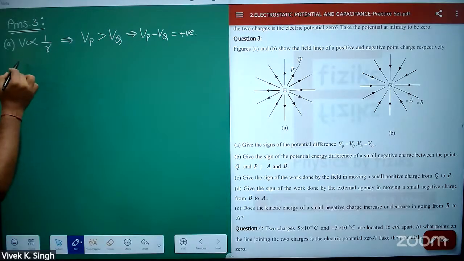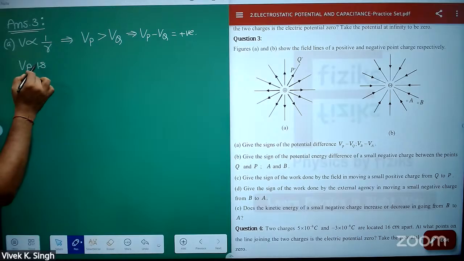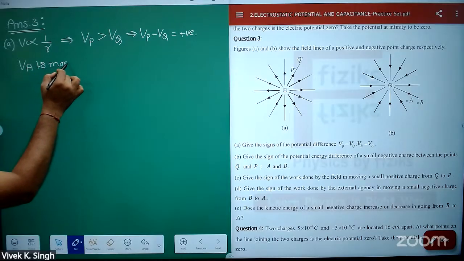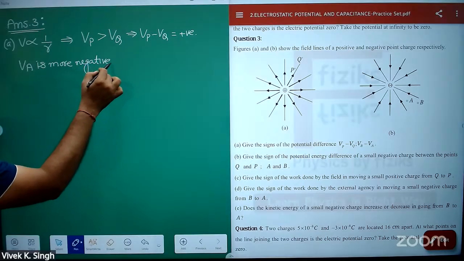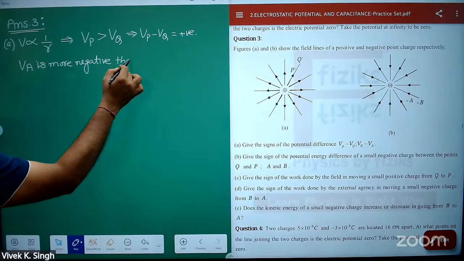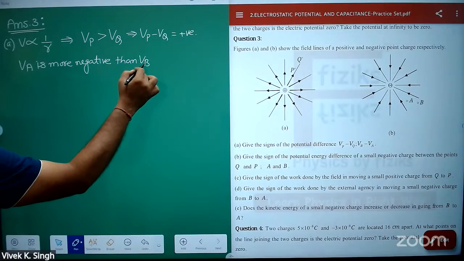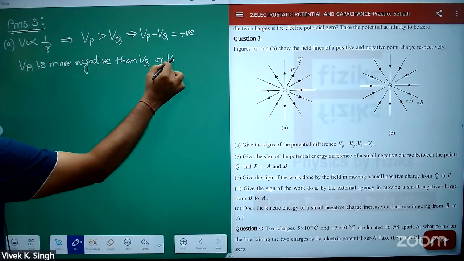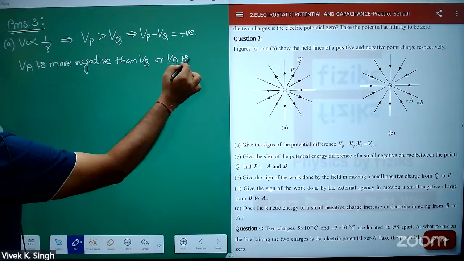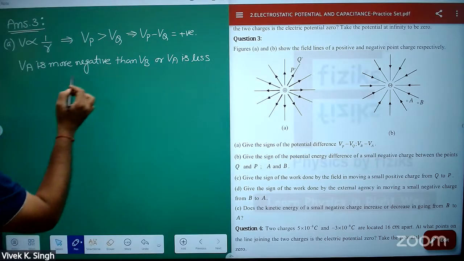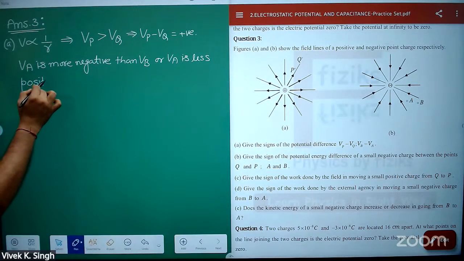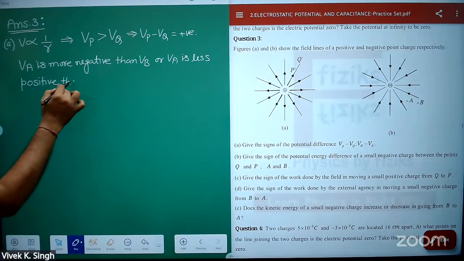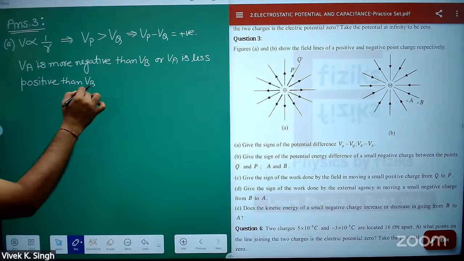VA is more negative than VB, or VA is less positive than VB.